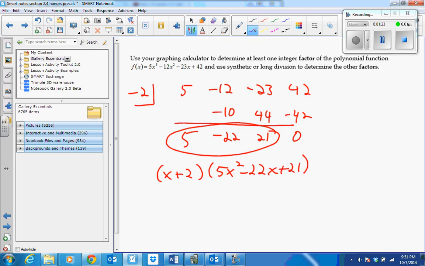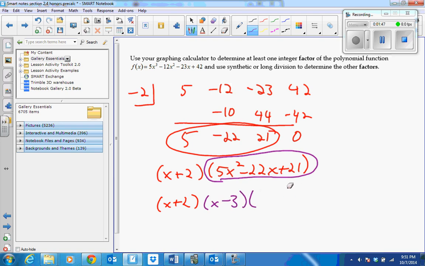Now I know that this is also going to factor, and I mainly know that because of what we just saw in our calculator, because I know I have another root at where x equals 3. So I'm going to rewrite x plus 2 because we already know that's a factor. And then I'm going to show I know that x minus 3 is a factor.